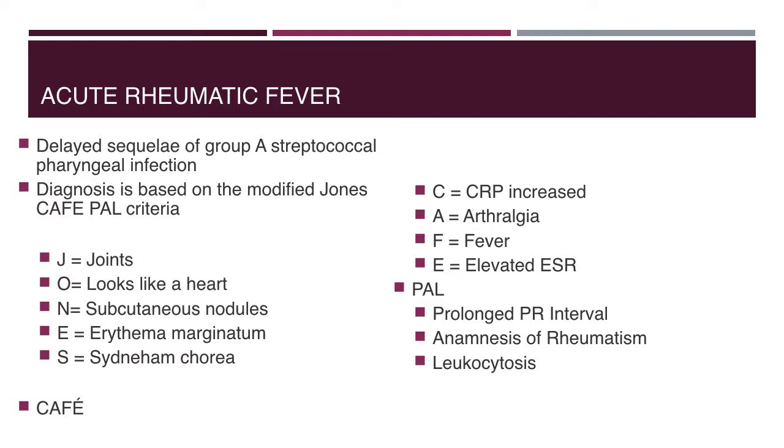The PAL portion of it, we have a prolonged PR interval that's related to the effects of the inflammation and the scarring on the valves. We can have an anamnesis of rheumatism. So in other words, we have rheumatic pains of the body, and then the leukocytosis.